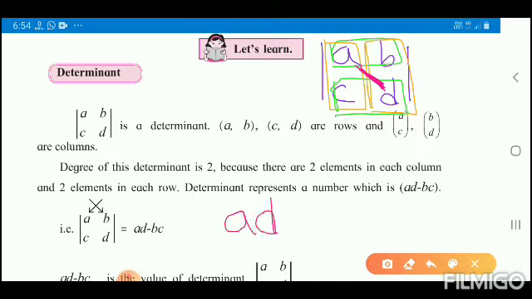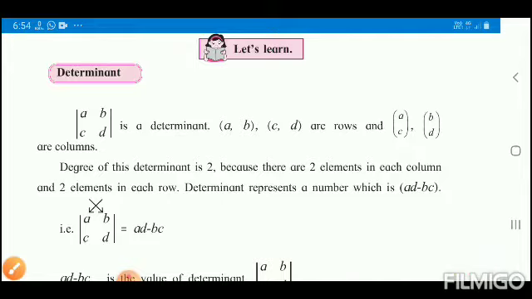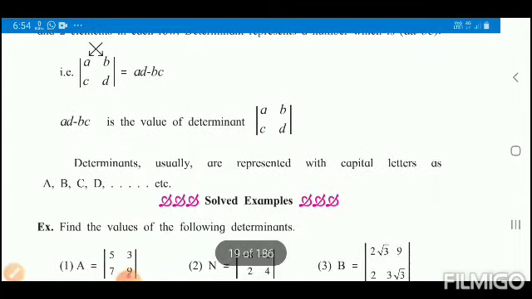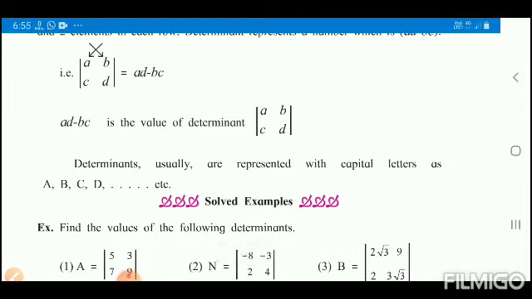While solving the determinant, we are writing a minus sign. Now another cross multiplication we will do, that is B multiplied by C, BC. So your determinant's value is AD minus BC. Okay, AD minus BC is the value of determinant A, B, C, D.